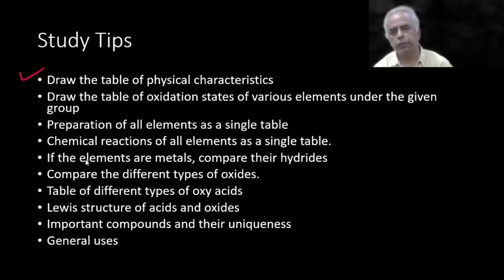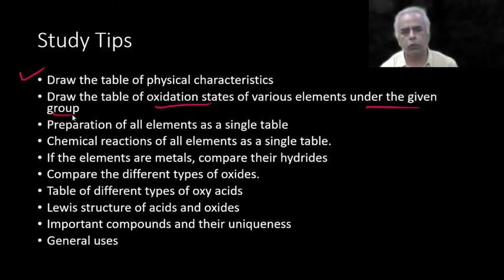That will be very easy, and it should be available as a comparative table. Similarly, write down all the possible oxidation states for various elements given in the group. There are some variable oxidation states for some elements, so you have to mention all. And unstable ones can be highlighted also, so that you can be familiar with the stable oxidation states.